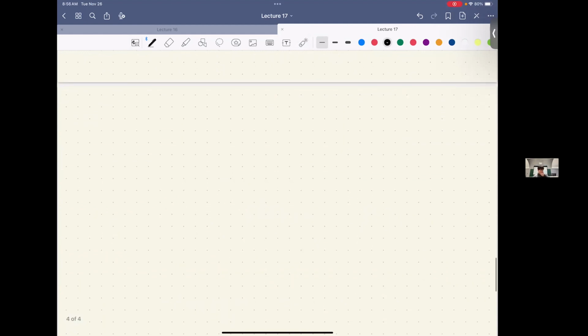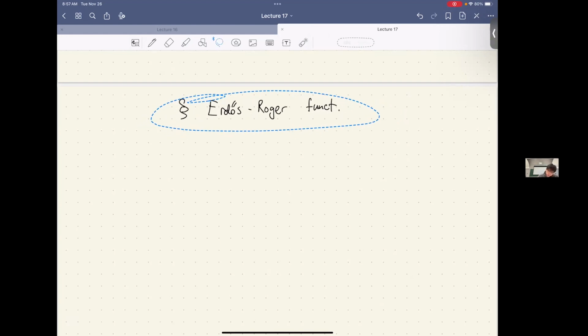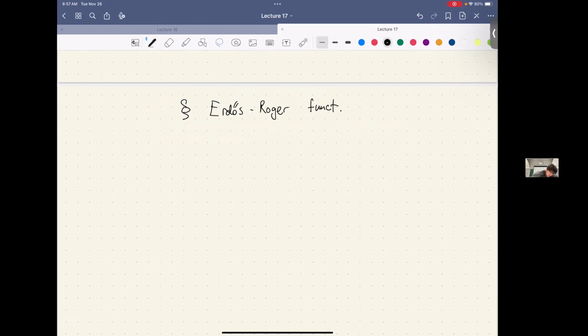So let's introduce this Erdős-Rogers function.